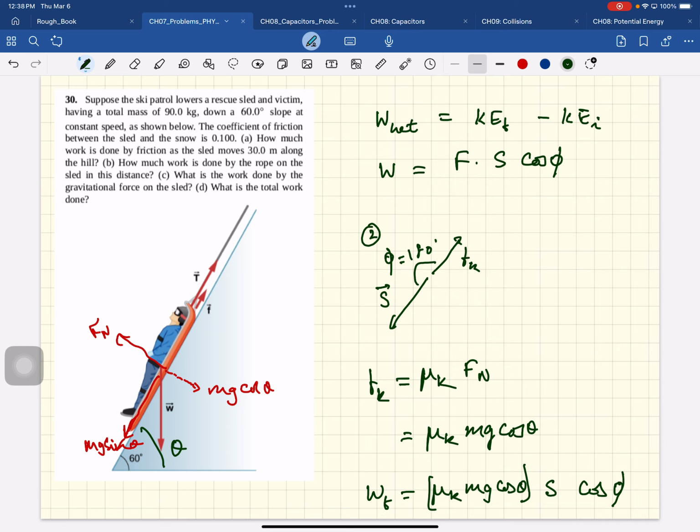There are two angles going on. Theta is the angle of the incline. Phi is the angle between the displacement and the force.